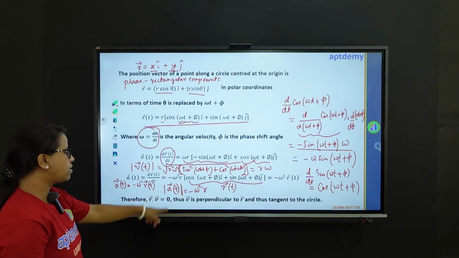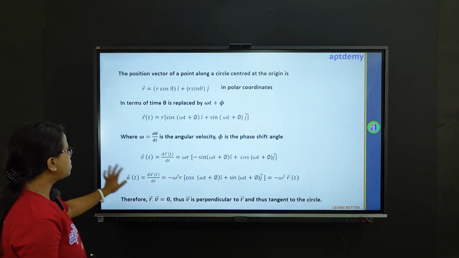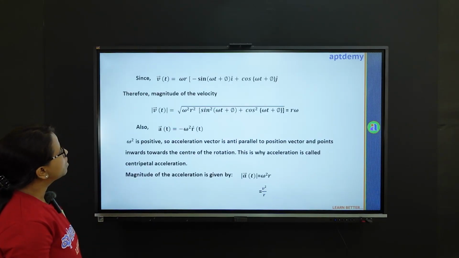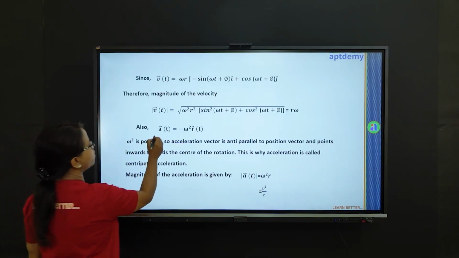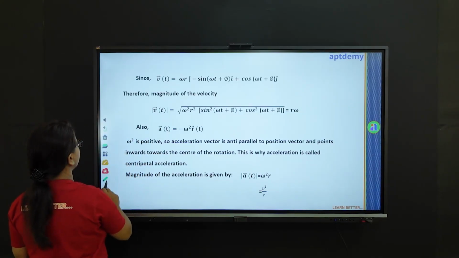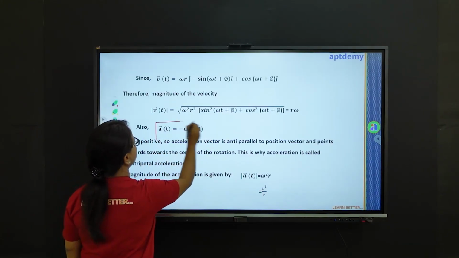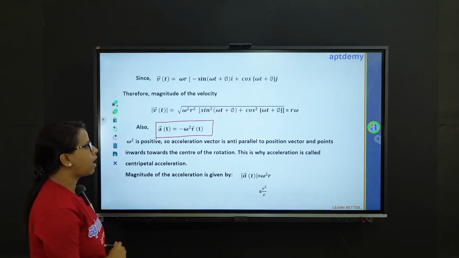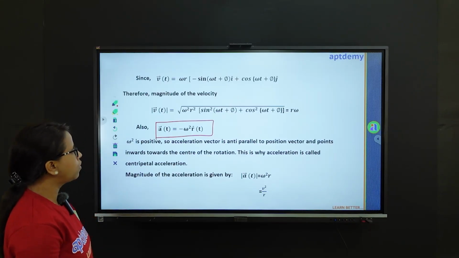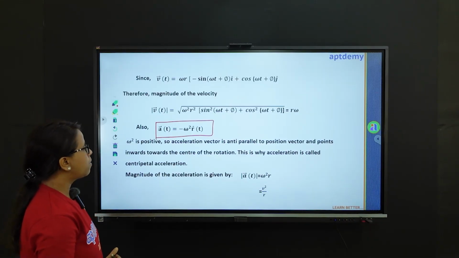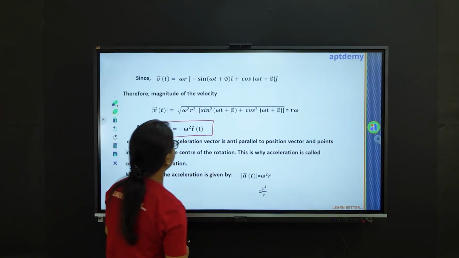Now we get to conclude some things from here. Let's look at that. So you can see from here, we ended up at a of t is equal to minus omega square r of t. Now what is it that you can find out or you can say about it? Just look at this.